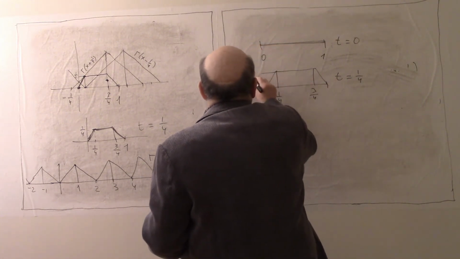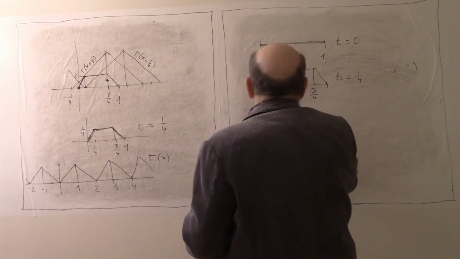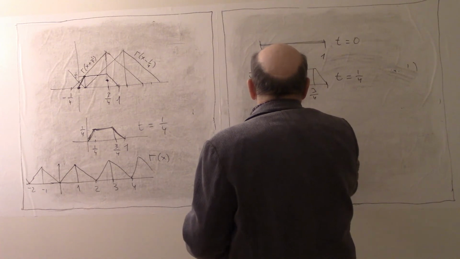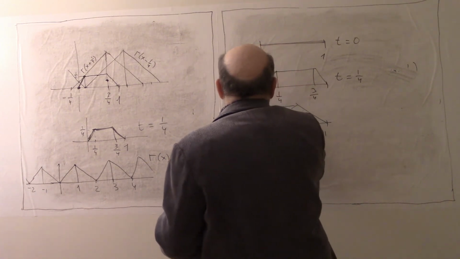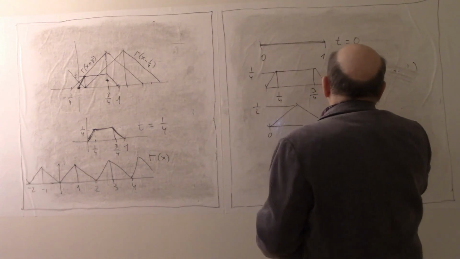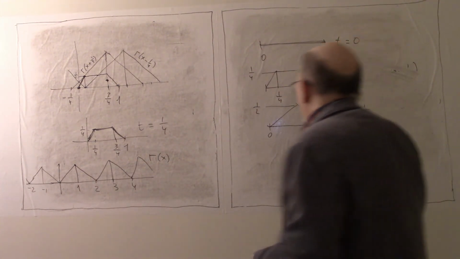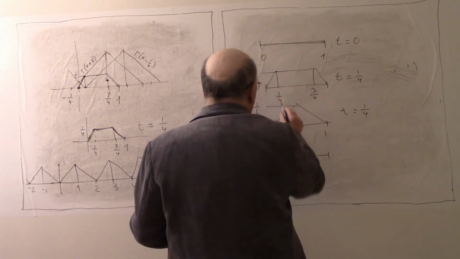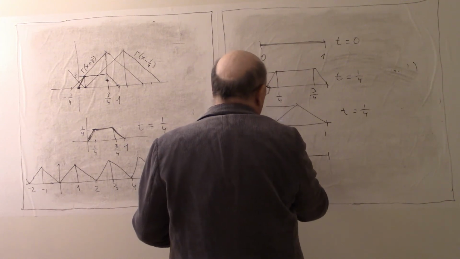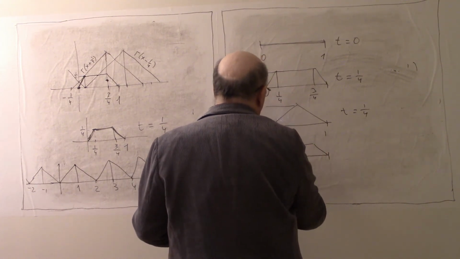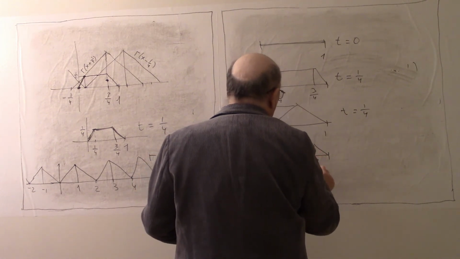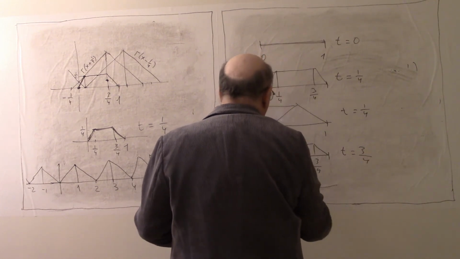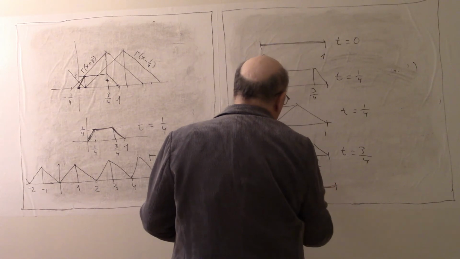It is 1/4. This is the graph of the solution for t equal 1/2. Now then we go again back. We have the same picture. T equal 3/4, and for t equal 1 we have again 0.